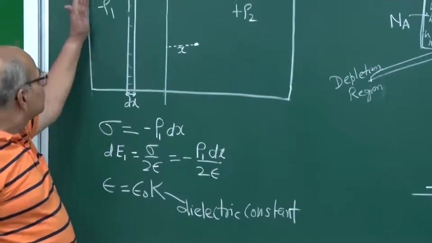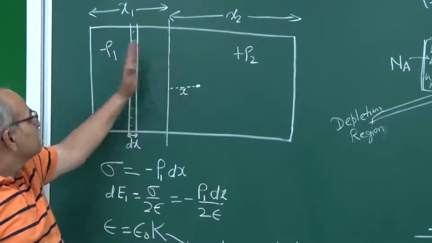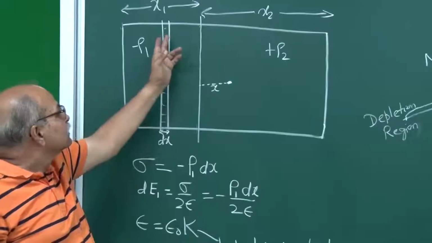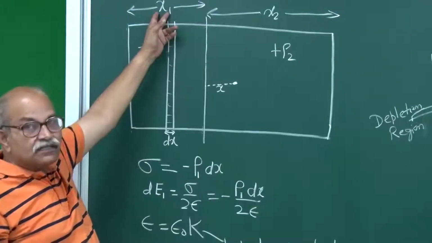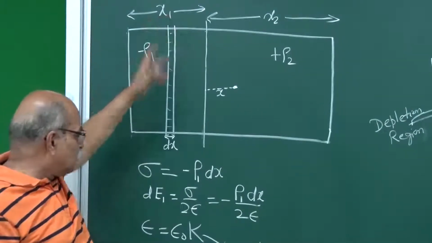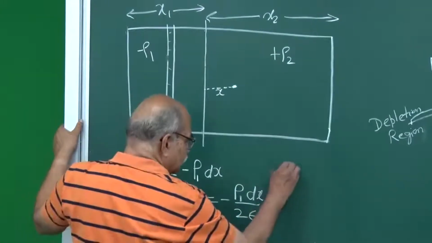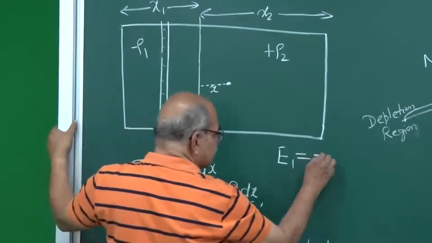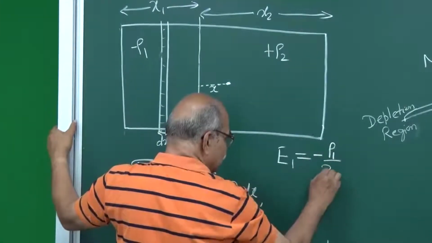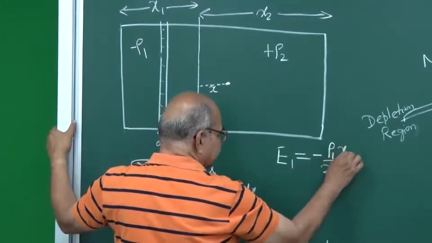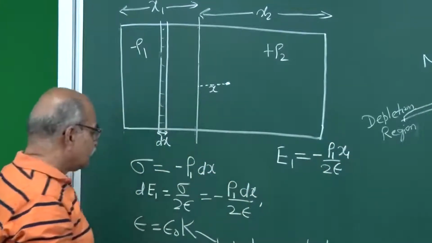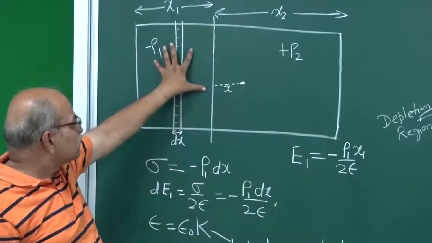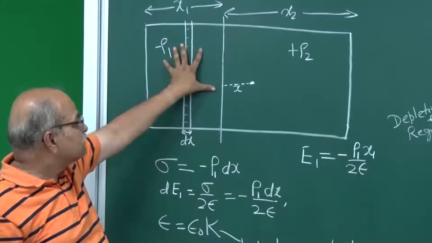Then you integrate over the entire width x1, so dx integrates to x1, and E1 will be equal to minus rho 1 divided by 2 epsilon times x1. This is the field at this point because of this whole negative charge here.